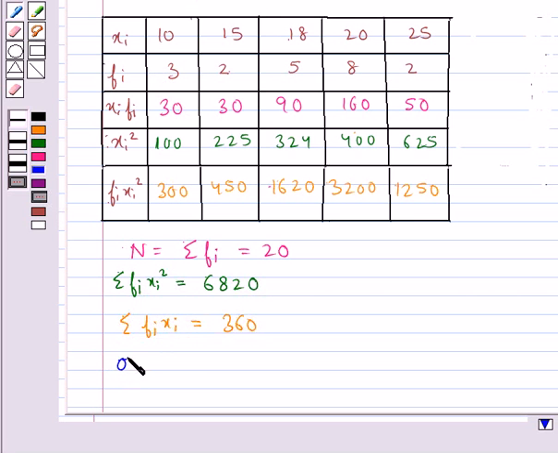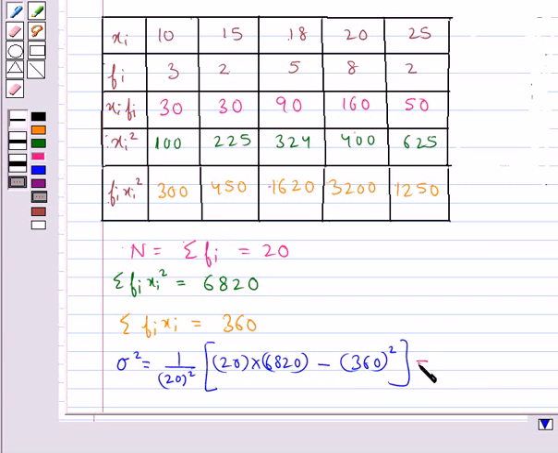Now variance sigma square is equal to 1 upon n square multiplied by n into summation fi into xi square minus summation fi into xi the whole square.